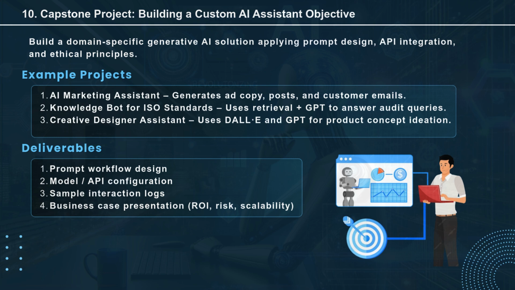Example project ideas include an AI marketing assistant for generating campaign content, a knowledge bot for ISO standards using retrieval plus GPT to answer audit questions, a creative designer assistant using DALL-E and GPT for concept ideation. Deliverables include a designed prompt workflow model, API configuration, sample interaction logs, and a business case analyzing risks and scalability.